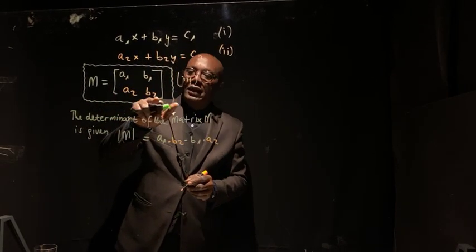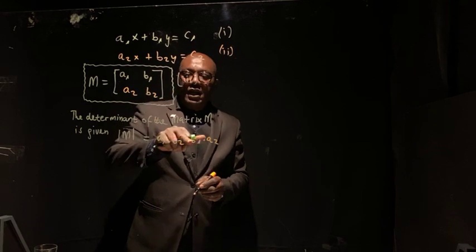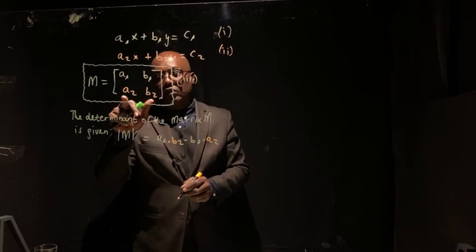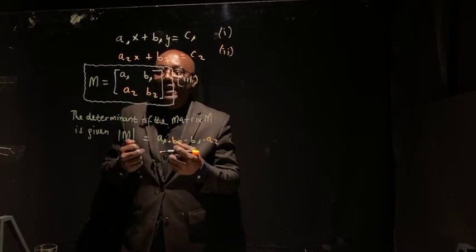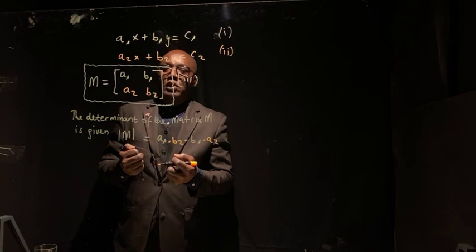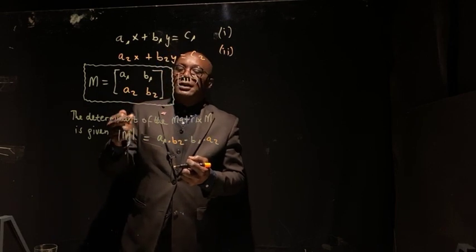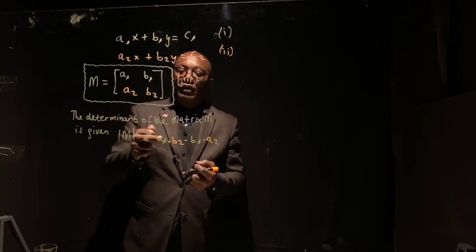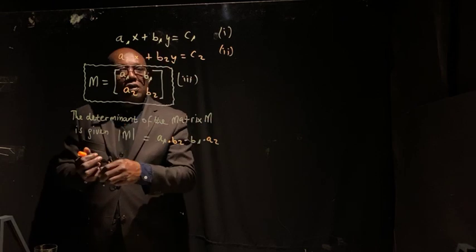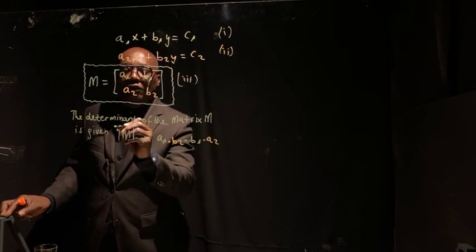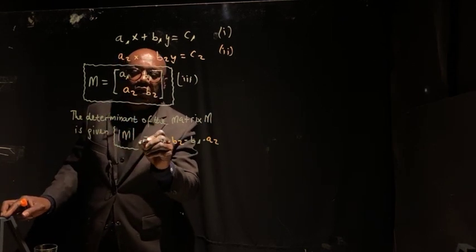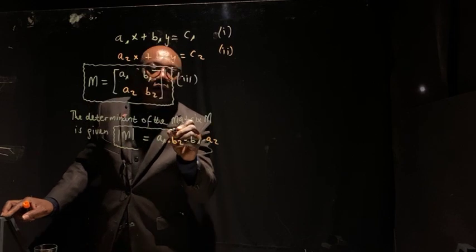A1 multiplied to B2 minus B1 multiplied to A2 is called the determinant of M. So, the determinant of the matrix M is this one. I'll call this one equation 4.